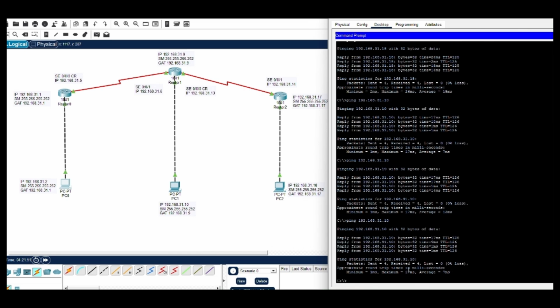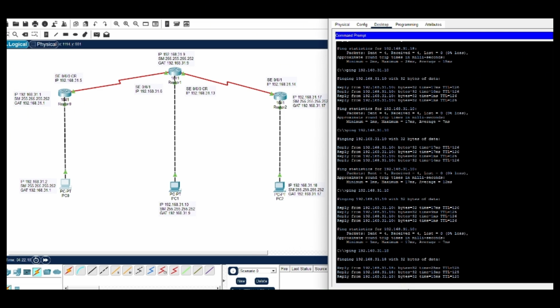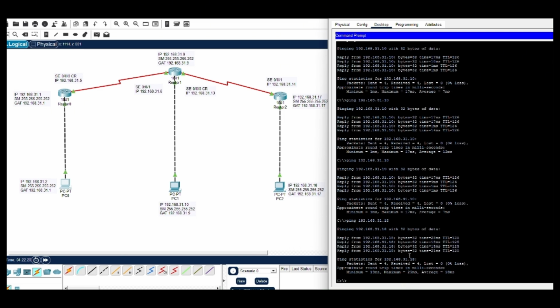It's working well. Sent 4, received 4, lost 0. And now we will communicate from here to 8. This is the last IP on this topology. As well. That's good.